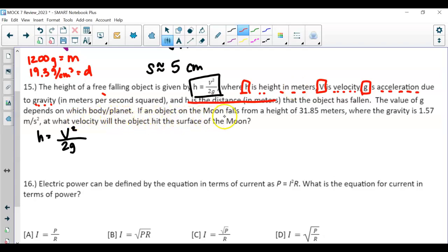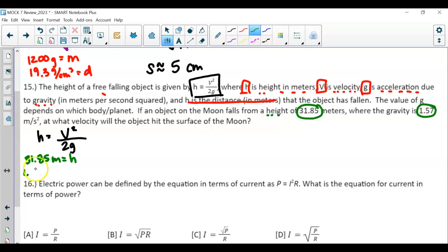If an object on the moon falls from a height of 31.85 meters, what does this value of 31.85 meters represent? Well, if it says height, this is your H. Then the gravity is 1.57 meters per second squared.